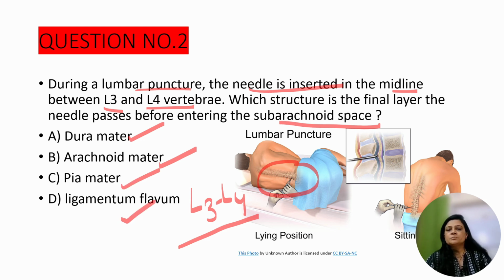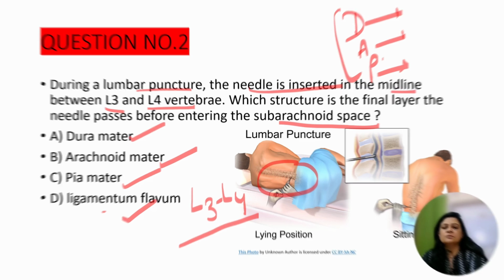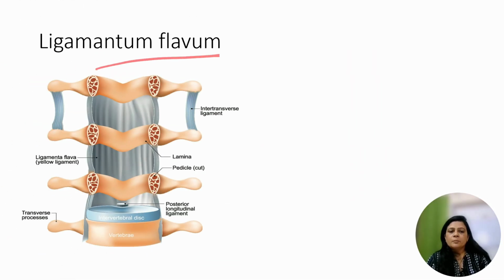First, how do we remember the layers? DAP: dura mater, arachnoid mater and pia mater. And one more thing before answering the question, what is the ligamentum flavum? It is this part.